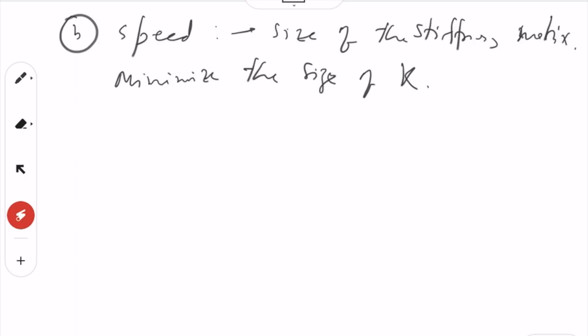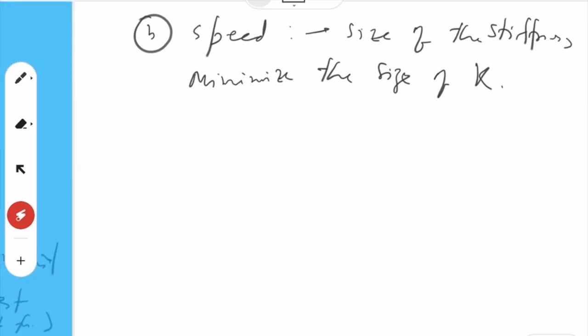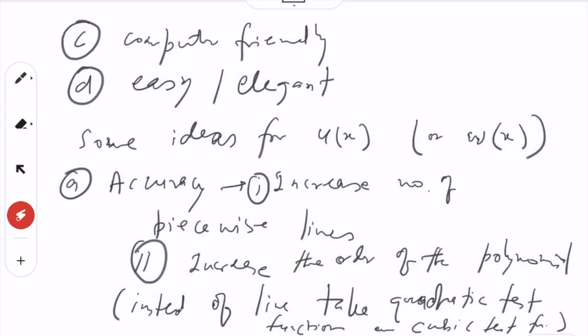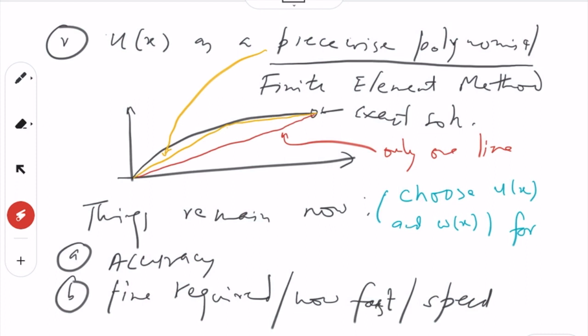Meaning that if you have, let us say, 20 piecewise lines, the number of nodes will be 21. So, K will be 21 by 21, and then you have to invert that. So, it will take time.